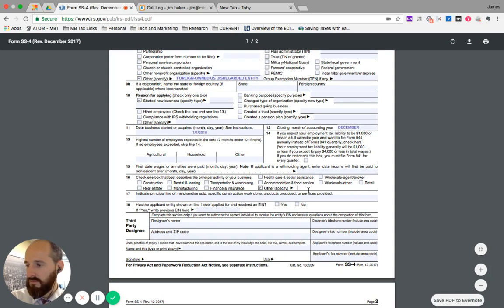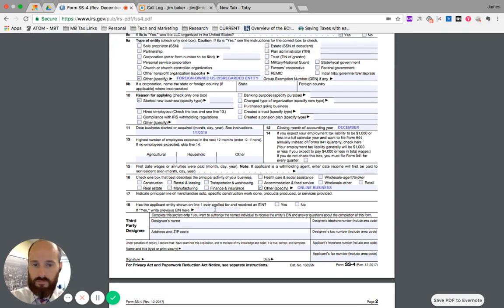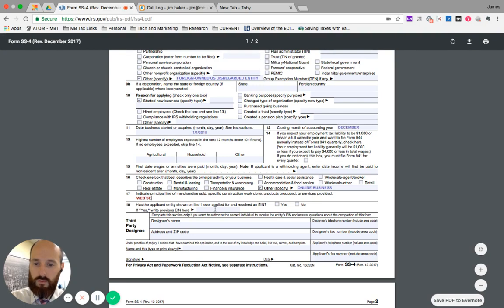One box that describes it. I usually do online business, depending on what it is. This part down here determines what your actual business is. Indicate principal line of merchandise sold or services. Web services. Never applied for EIN unless you have.